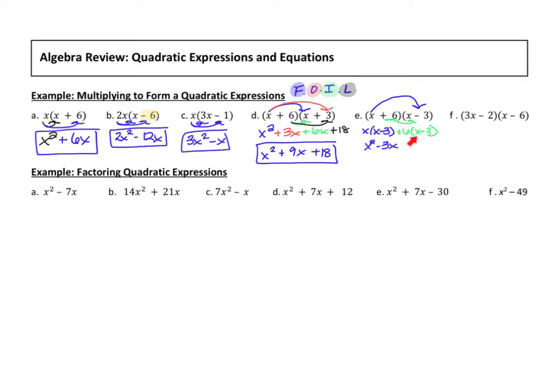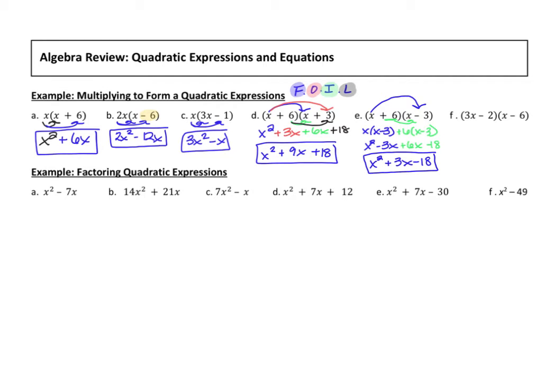Then you're going to distribute the 6, so 6 times x is 6x. And then you have 6 times negative 3, that's going to be negative 18. And then you would combine your like terms in the middle, which would be x squared plus 3x minus 18.